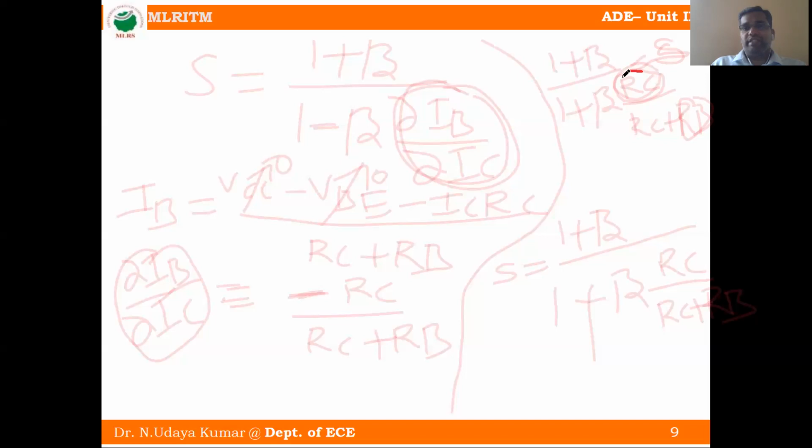We have to increase the RC value and decrease the RB value, so that the total S factor will be small. So this is good compared to the fixed bias. So collector to base bias is very good in stability.